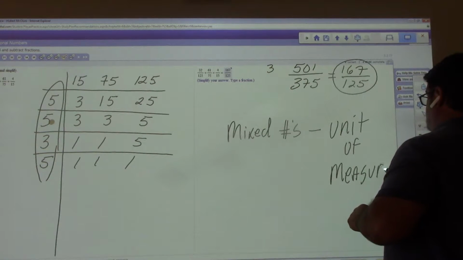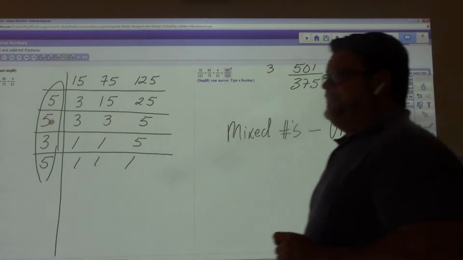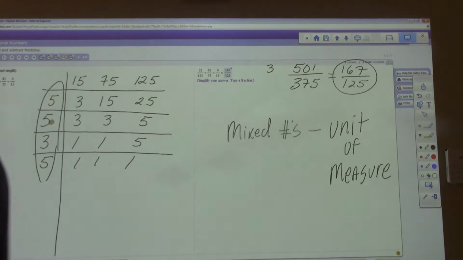Measurement. Nobody ever uses 11/5 cups of flour. Nobody uses 11/5 gallons of water. You use 2.5 gallons of water, or you use 2 3/4 gallons of water. You never use 11/5. You only use mixed numbers when you have a unit of measurement.